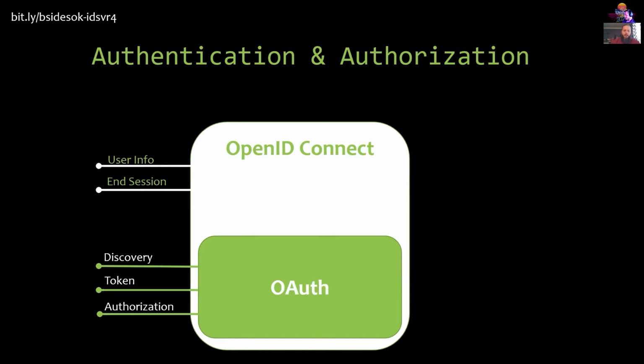Then OpenID Connect is built on top of that, where you can request user information and end the user session. The user information is typically the claims about what they're authorized to do and maybe some things about them. And just keep in mind, this could be personal identifiable information like email and those things. So you want to be careful and considerate about what's returned in the user information.